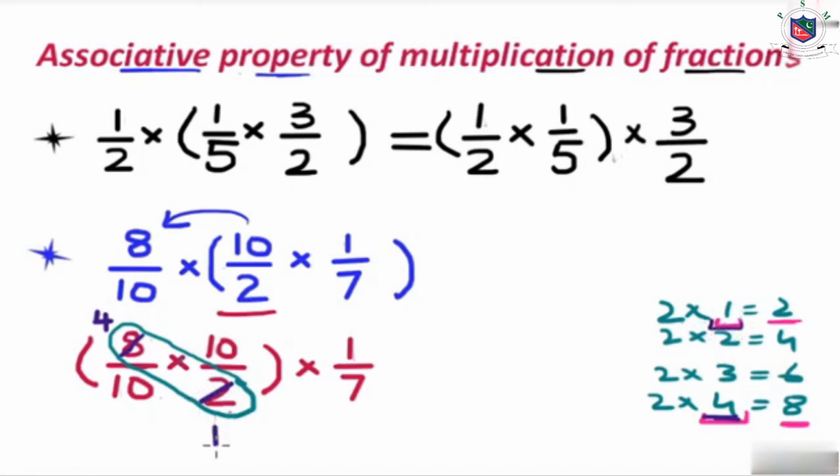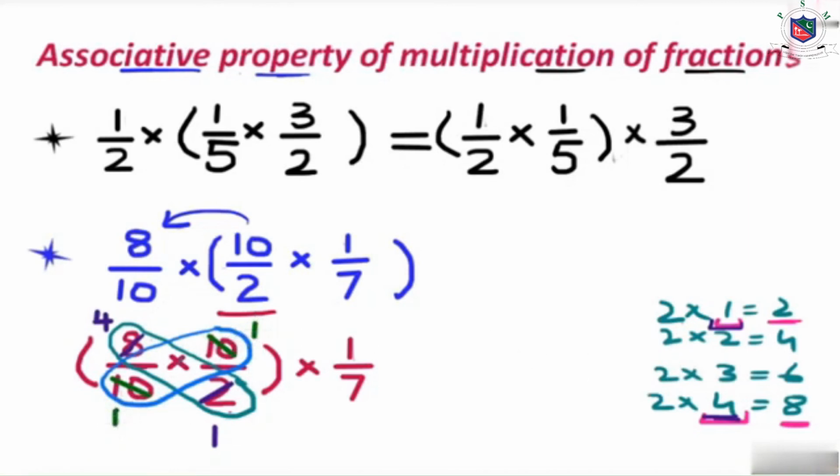And now if we look at the other fractions, 10 and 10, they can be cross cancelled because they both are divisible by 10. 10 times 1 is 10 and 10 times 1 is 10.